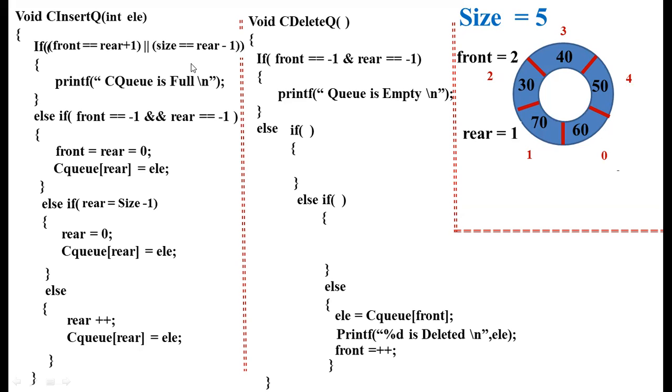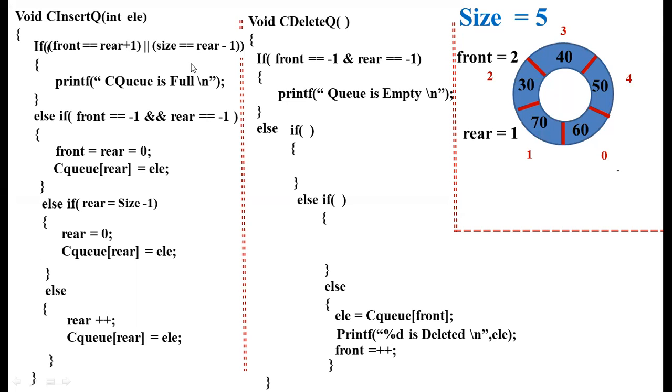So this is how we need to write the logic to check whether the queue is full or not. So the two conditions we have to write, and this is for the insertion part. Now, since the queue is full, we can perform either the deletion operation or the display operation. Now, let us see how to perform the deletion operation.